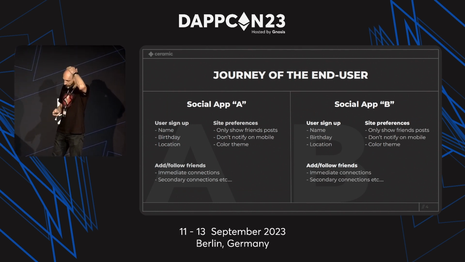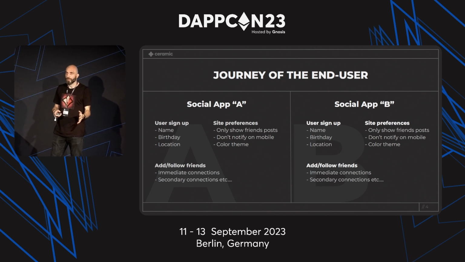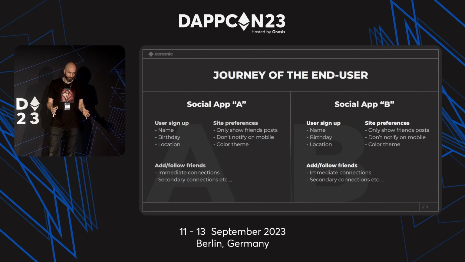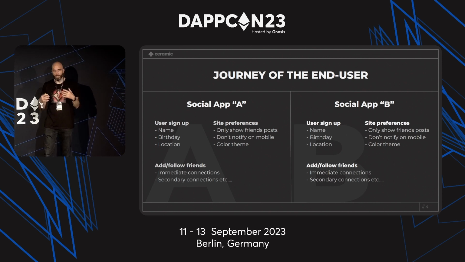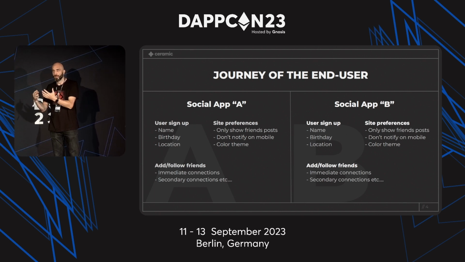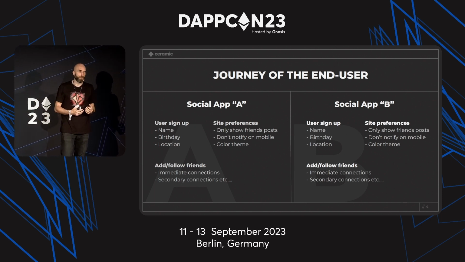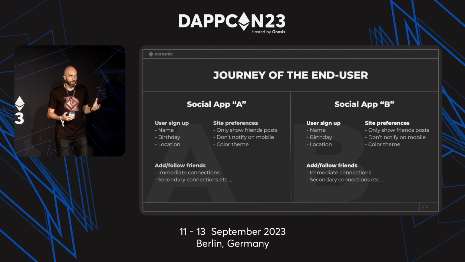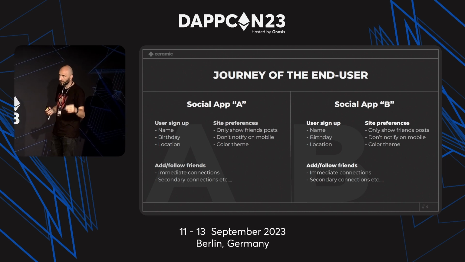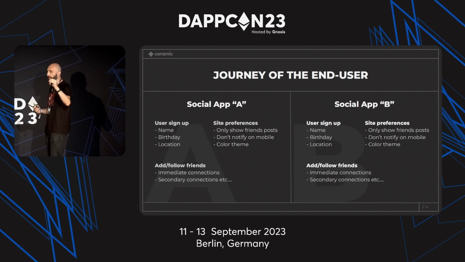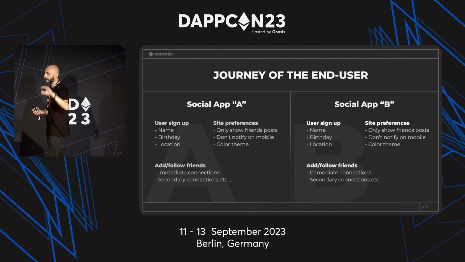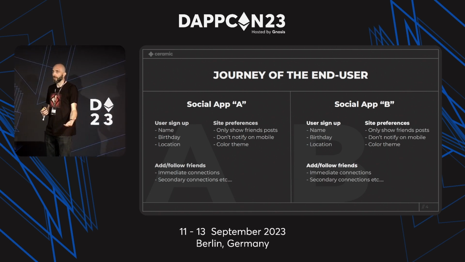So where does data composability come in? Data composability comes in in that an app developer can create a model of a certain piece of data. So I can create a model for a basic profile, and then I set the fields in the basic profile. It could be the name, the birthday, location, email, whatever else. And then I start using that model in my app.